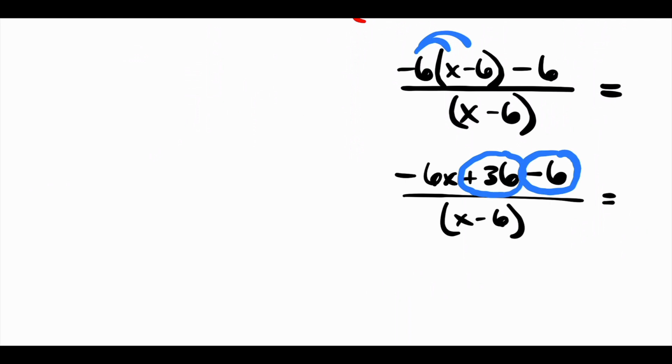Then combine like terms, yeah. Combine like terms, you get positive 30. So negative 6x plus 30 over x minus 6.